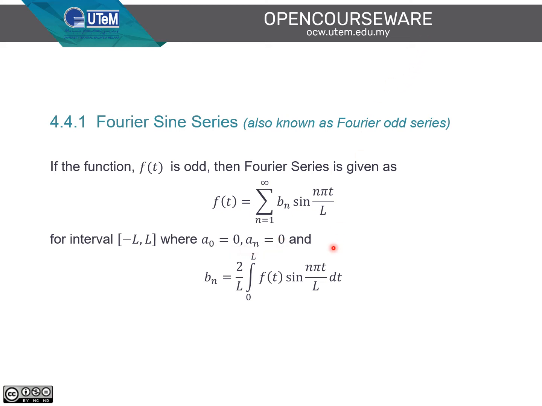The formula of bn is 2 over L, the integration of f(t) sine n pi t over L with respect to t, where t is from 0 to L. So instead of solving the coefficient bn in the interval from negative L to L, we solve it in the half range 0 to L and multiply by 2.